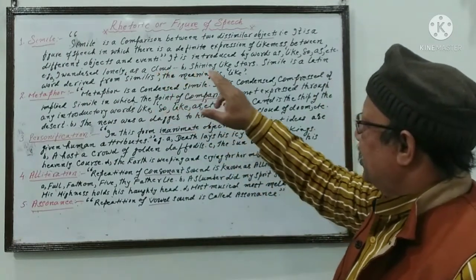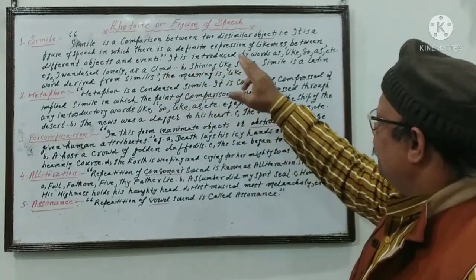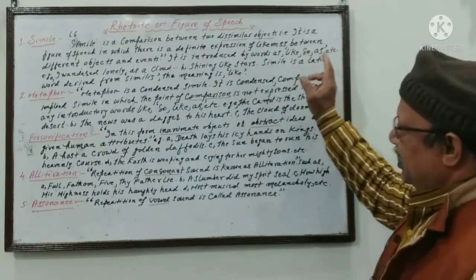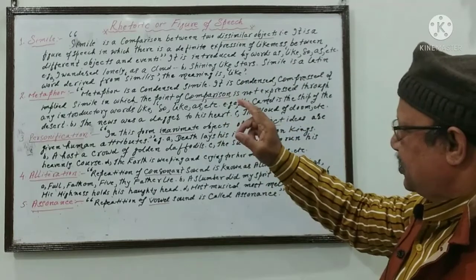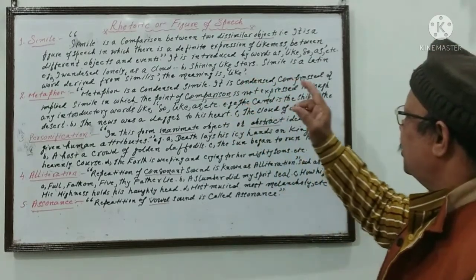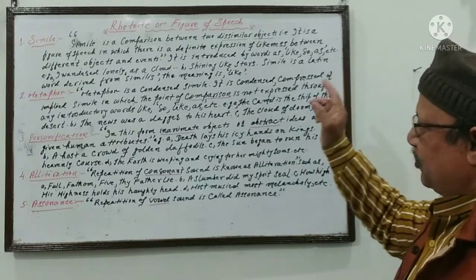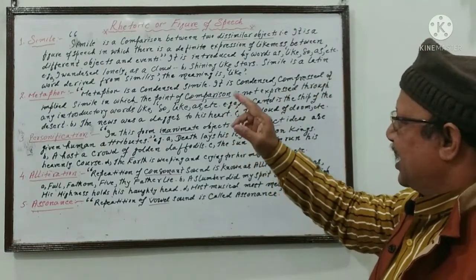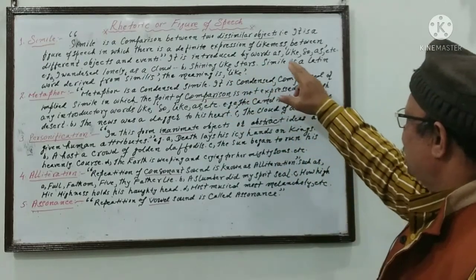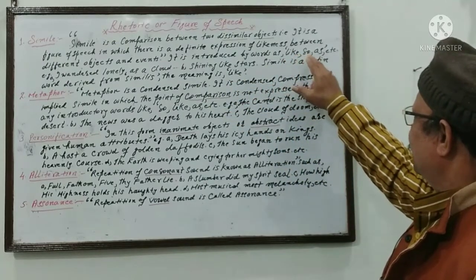Simile is a comparison between two dissimilar objects. That means it is a figure of speech in which there is a definite expression of likeness between different objects and events. It is introduced by words such as as, like, so.